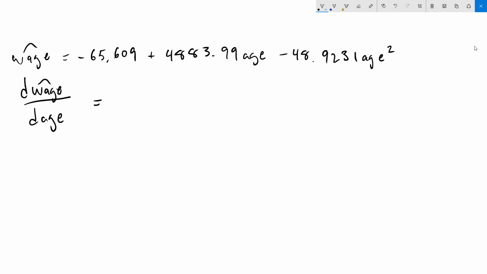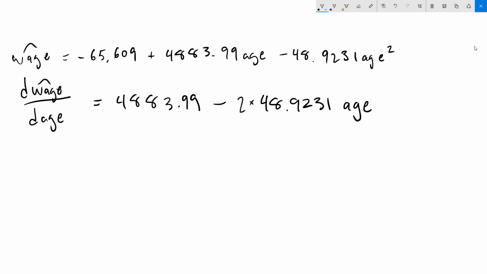The derivative of negative 65,000 is just 0. The derivative of 4,883 times age, well, age drops out and we get 4,883.99 minus, now we have age squared here, so we're going to multiply everything by 2. We'll get 2 times 48.9231 times age. Remember that the 2, subtract 1 from that, just get 1.